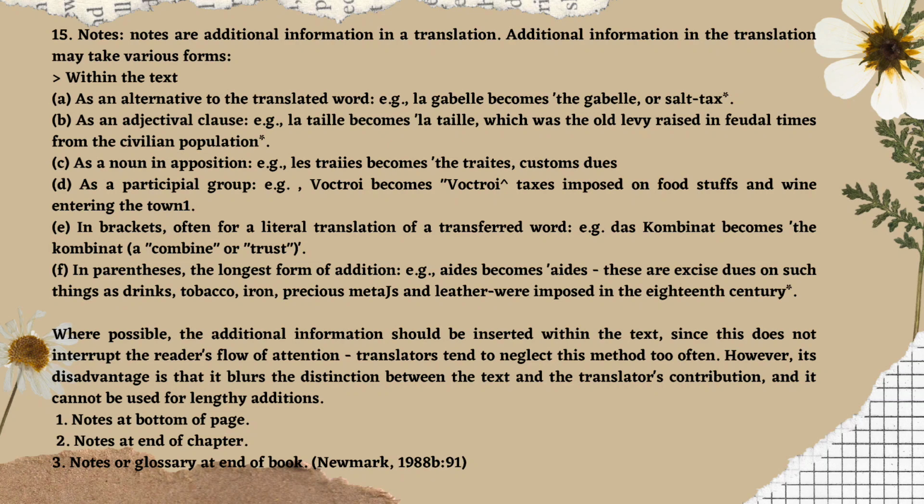The third as a noun in apposition. And the next as a participle group. Next, in brackets, often for a literal translation of a transferred word. And the last, in parentheses, the longer form of addition.